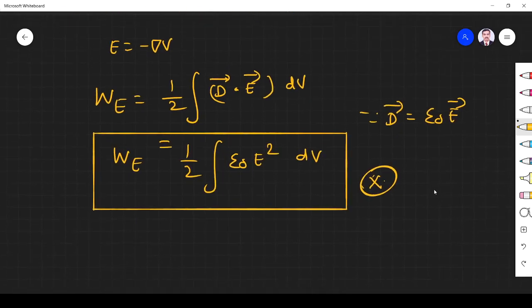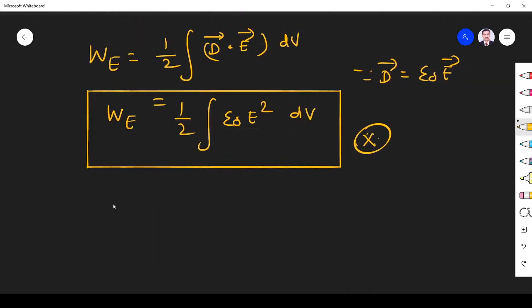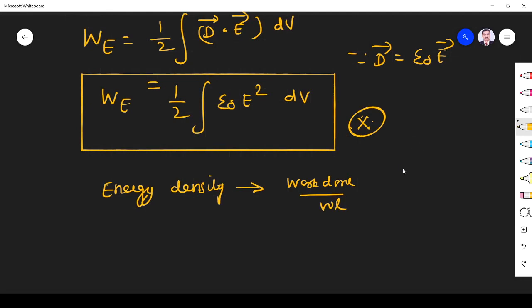This is the final equation: the work done to assemble the charges at a particular point. Right, now what we have to find is the energy density, that is, the amount of energy present in the assembly of charge. So what is population density? Population per area. Our population density is population in a space, a volume. So energy density is work done per volume, that is joule by meter cube, that we know.